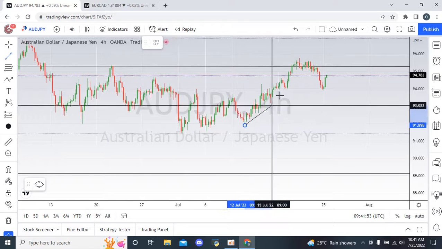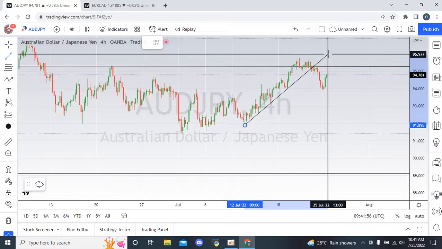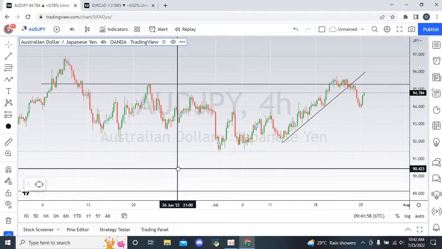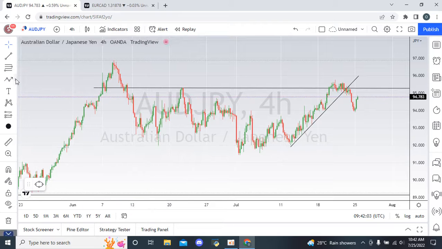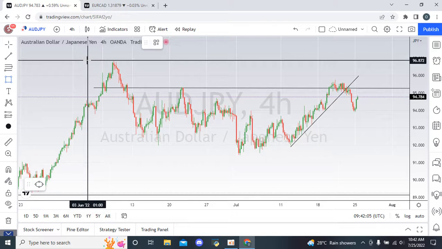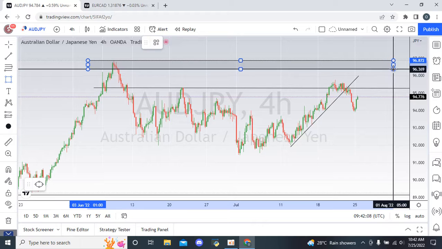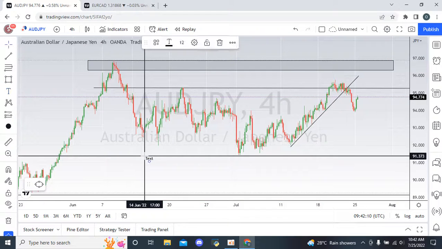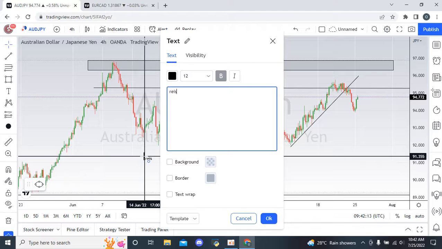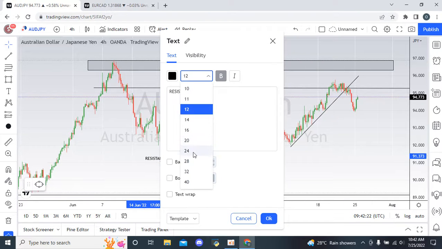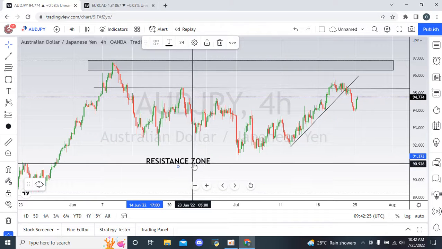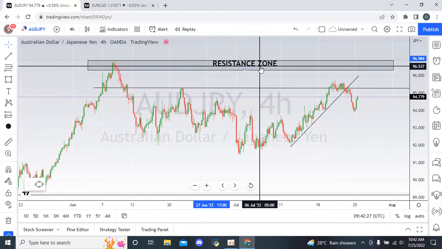So if this was a very strong bullish uptrend, we are going to label everything so that it will be well explained. Let's identify this as our resistance zone. Let's use bigger fonts so it will be visible enough.